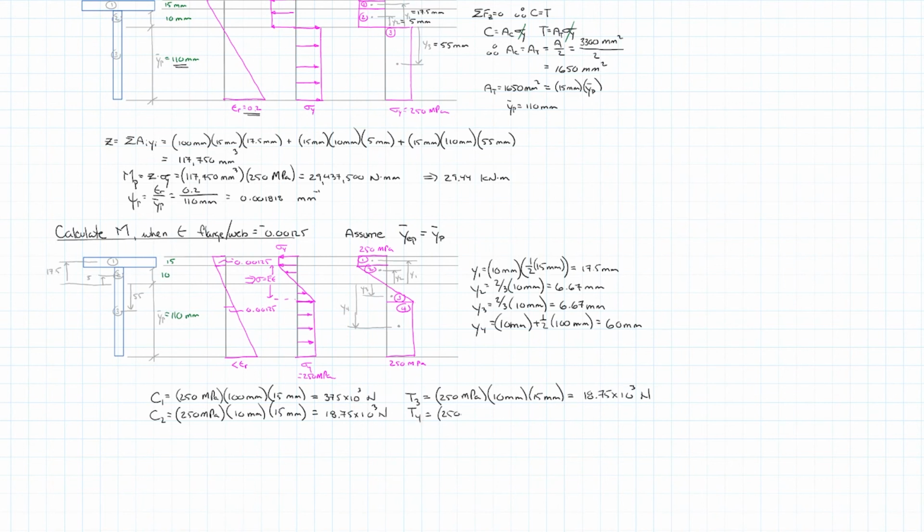Finally, T4, 250 MPa stress component times the 100 millimeters times the width of the web of 15 millimeters, equal to 375 times 10 to the third newtons.